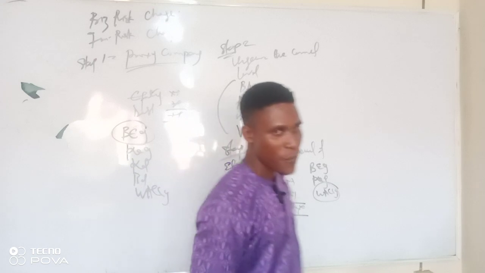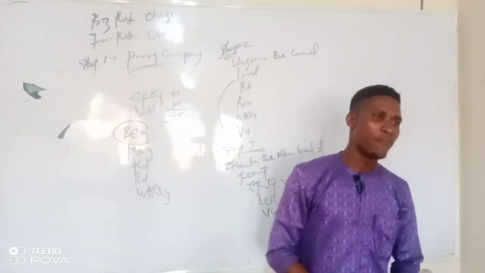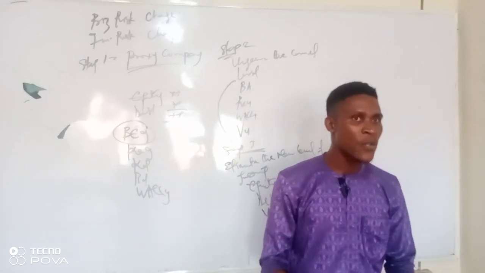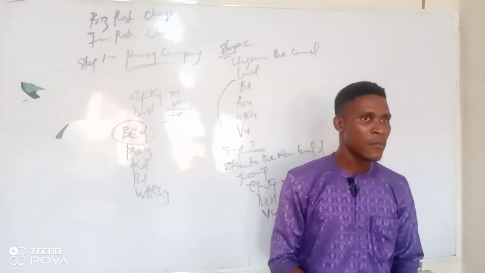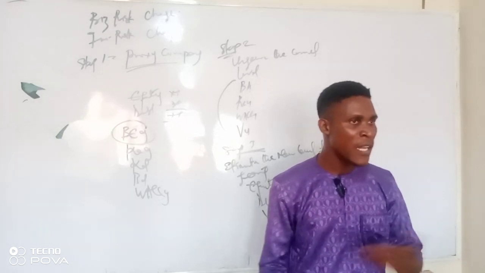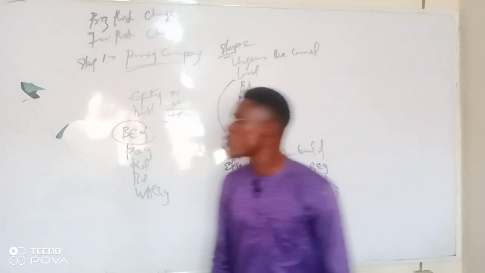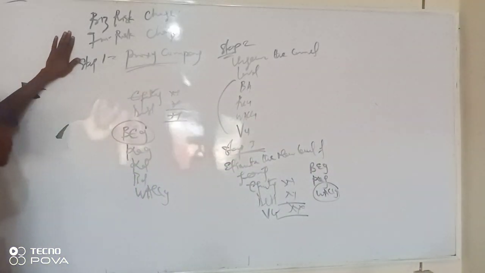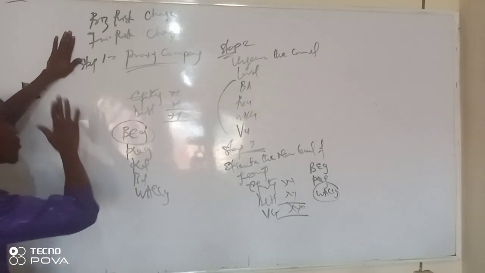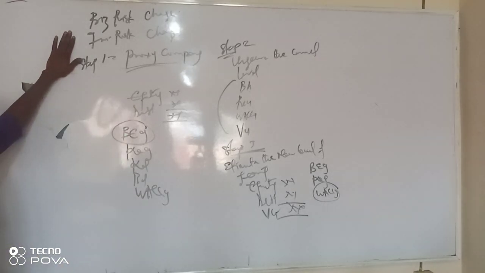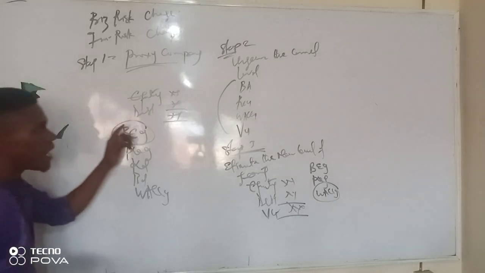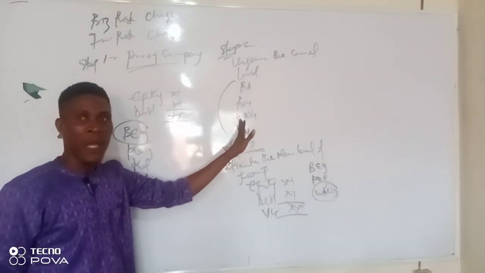Now, let me ask something. How you move from one level to another depends on the question and the situation on the ground. If your proxy company is an all-equity company, the information we give to you will be ungeared automatically.